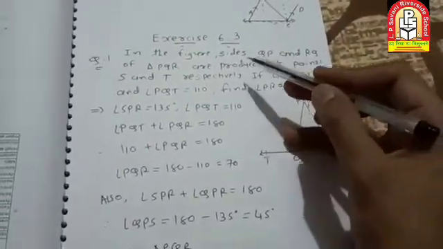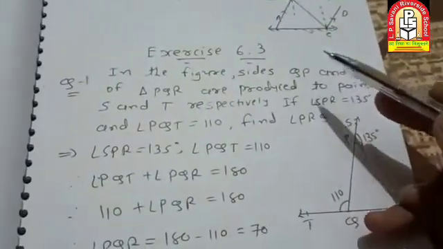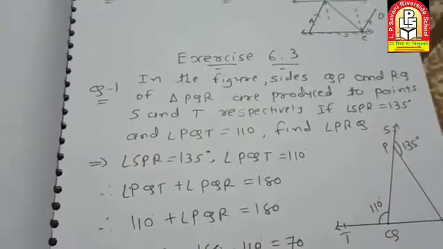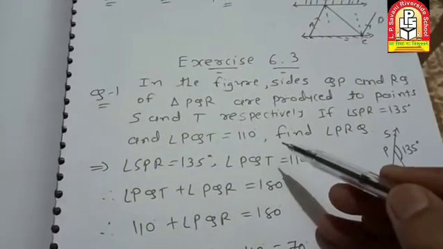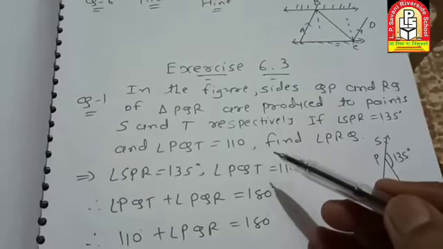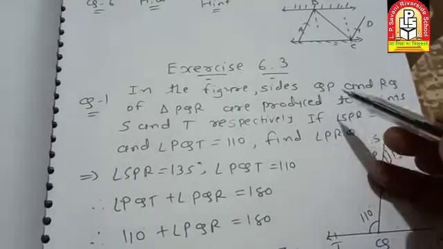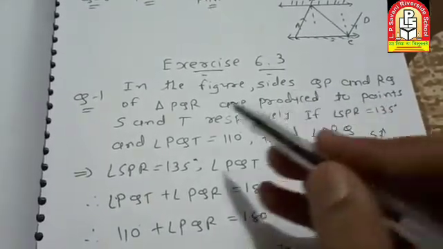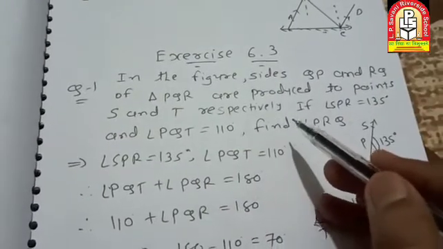Then exercise 6.3, question number 1. In the figure, sides QP and RQ of triangle PQR are produced to points S and T respectively.